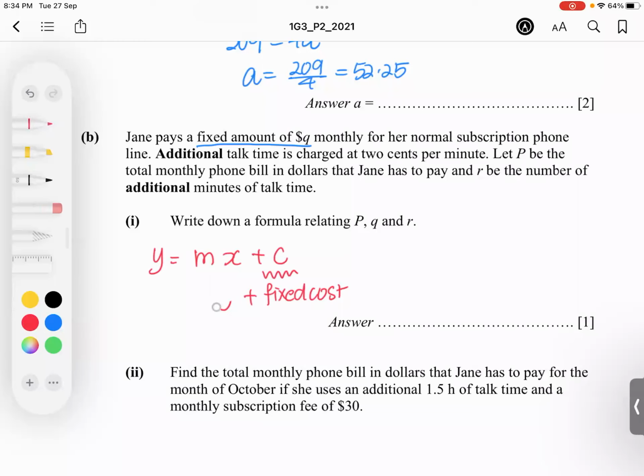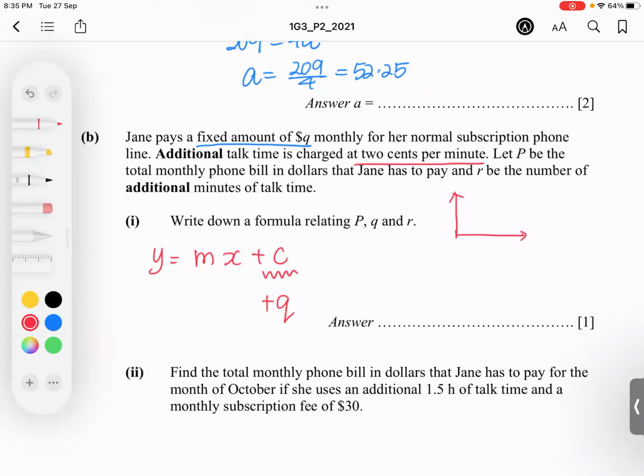So this question is going along that line, where you need to interpret where the fixed cost is and what the rate of the charge is. The fixed amount of Q dollars is my Q dollars for the normal subscription phone. Additional talk time is 2 cents per minute.